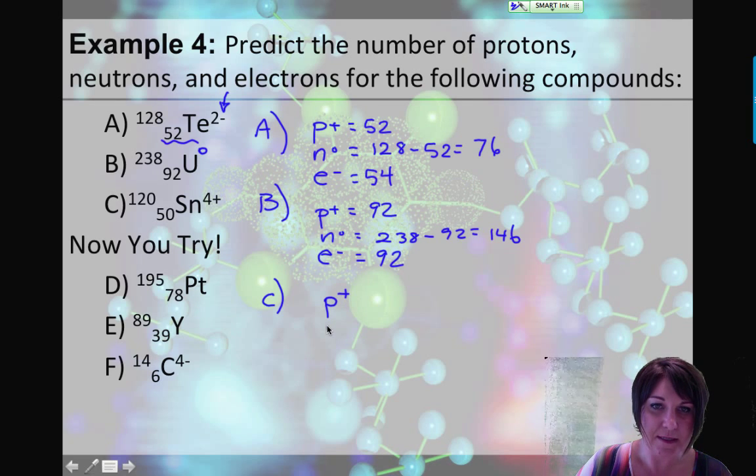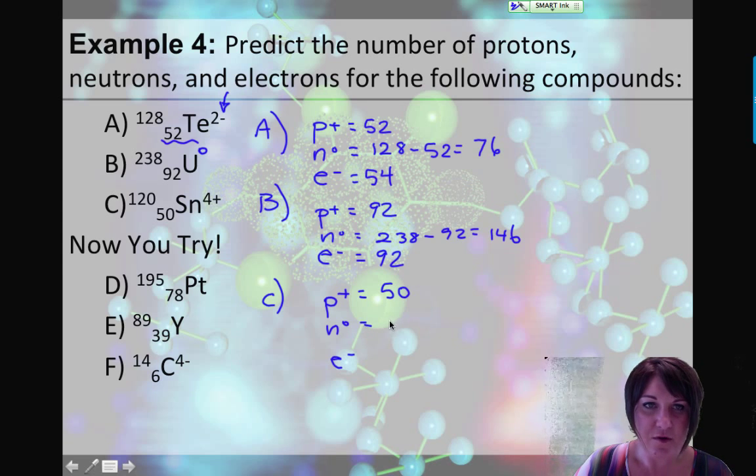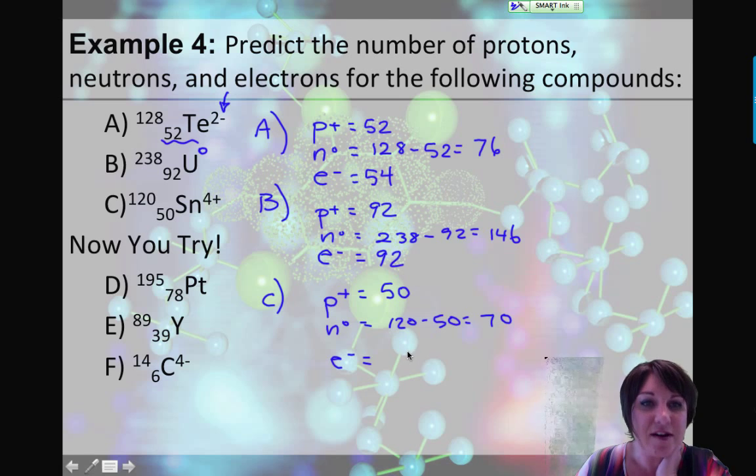Now our last one we'll do in the podcast is tin-4. Tin-4, good buddy. I know that was lame, but I had to do it. I was compelled to. The protons are 50, that's the atomic number. For neutrons, 120 minus 50 is 70. And then electrons, the negative charges, oh gosh, now we have a positively charged particle. So that means that when I started with 50 electrons, now I have protons outnumbering electrons.